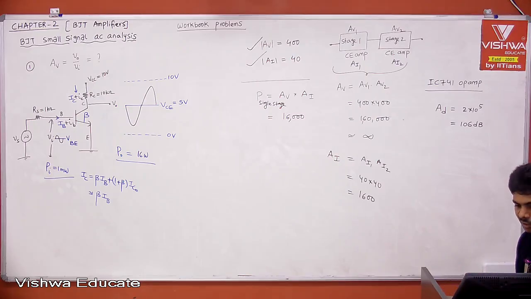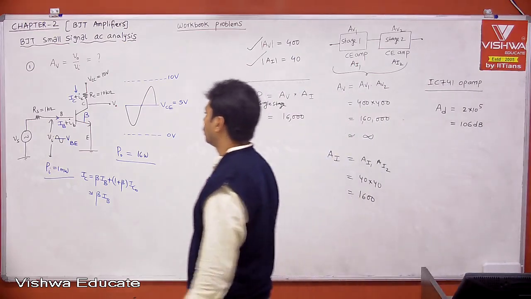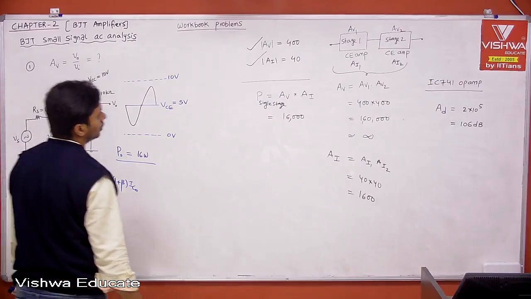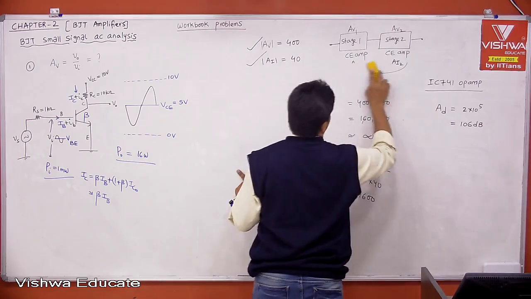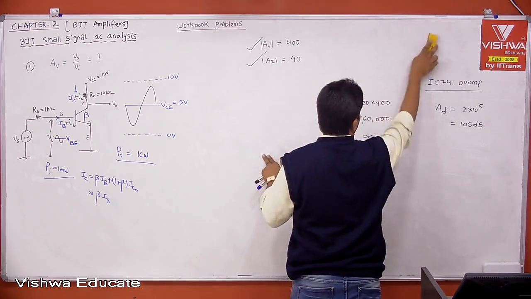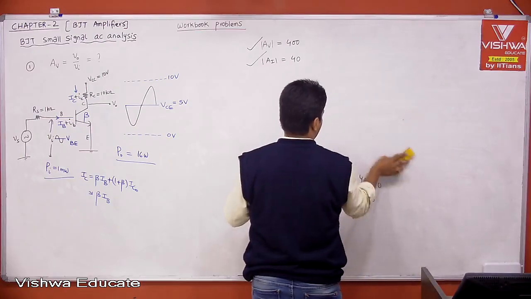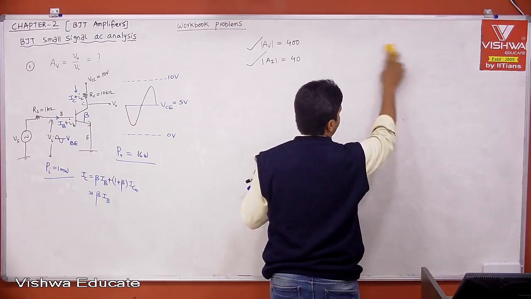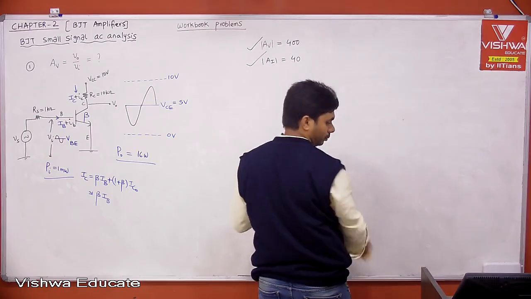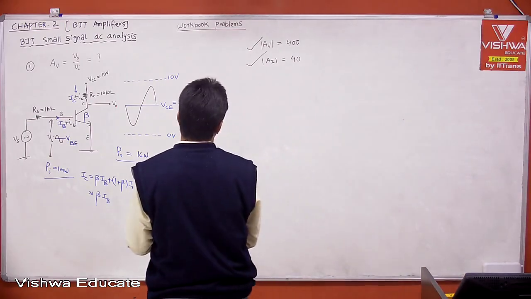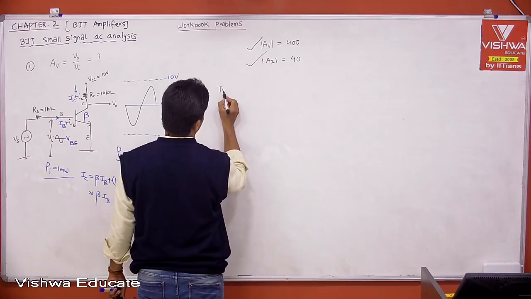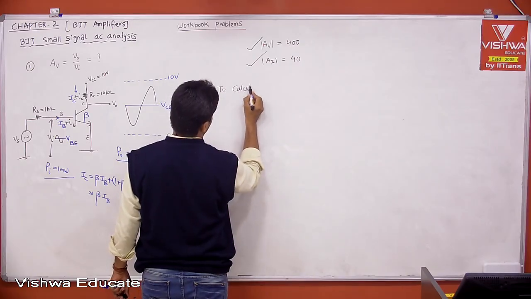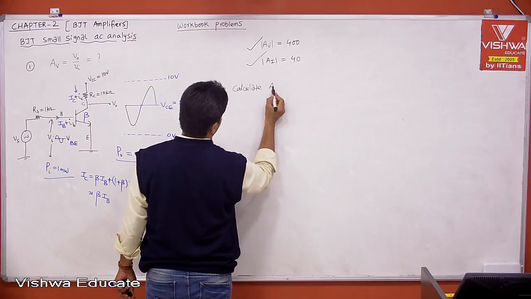Now let's see the significance of Ri and R0, okay? Just to understand, let us calculate AVS.